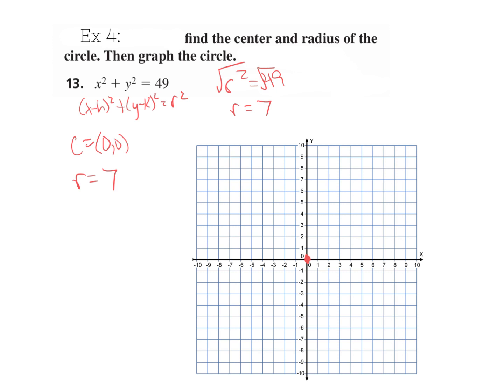So I literally just count, go up to 7, put another dot. Go right 7 spaces, put a dot. Down and to the left. Once I have all 4 points like that, just connect them, draw the circle. Hopefully yours looks a little better than mine. But that's it on that one.